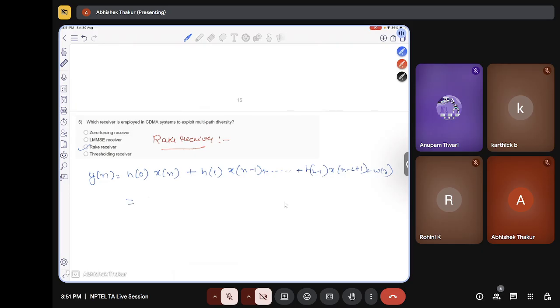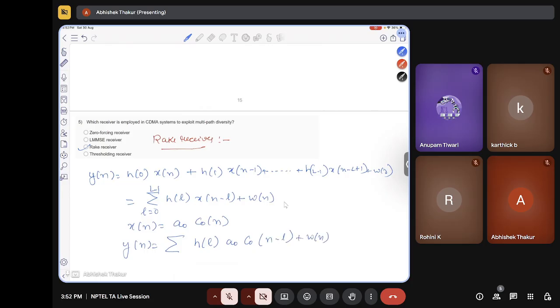So we can simply write h l x of n minus l plus w, and here x n is equal to, in CDMA, a naught c naught n. So y n is equal to summation of h l a naught c naught n minus l plus w n. Okay.